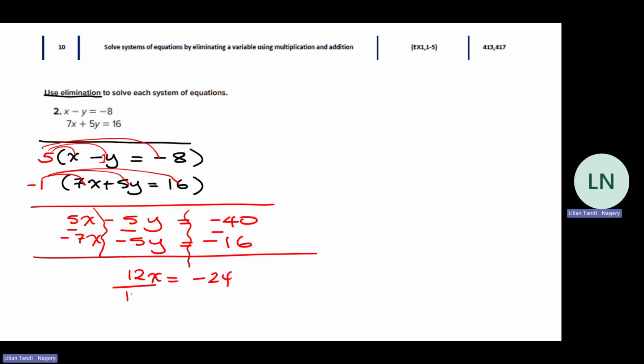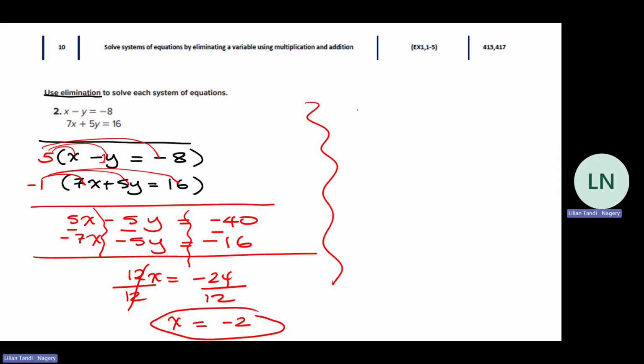Then I will divide by 12 on both sides. This goes away. X becomes negative 2. Then I will find y. I will use x minus y equals negative 8. I know x. Parentheses negative 2 minus y equals negative 8. I will solve this.